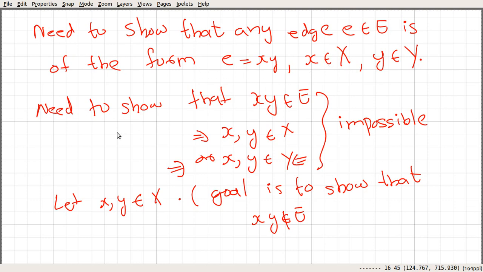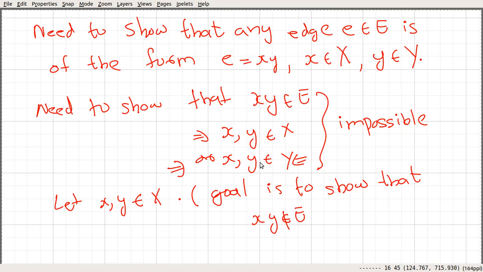So by contradiction, we need to show that if xy is an element of E and both x, y belong to X, this situation is impossible. Or the other way, x, y both elements of Y and xy an element of the edge set, that situation is also impossible. We only prove the first case.